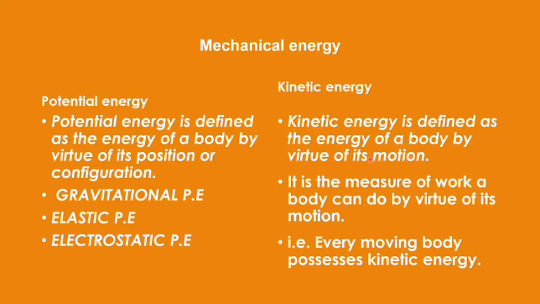So you should be able to see potential energy and kinetic energy defined, and you can find various examples where the energy is potential, where it is kinetic. Potential energy is because of its position or configuration. Like if I am stretching a rubber, then the energy possessed in the stretched rubber is the potential energy.